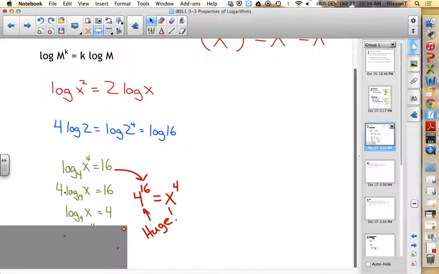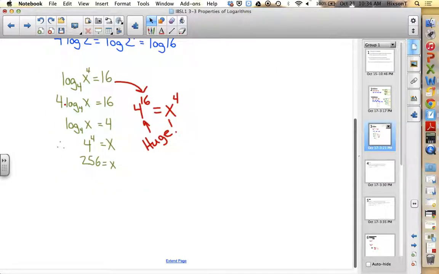So what am I evaluating now? x equals 4 to the 4th. That, while it's still a little bit bigger, it's not too bad. 4 to the 4th, 256. Would you get the same answer eventually? Sure. But this one, our numbers stay much smaller.